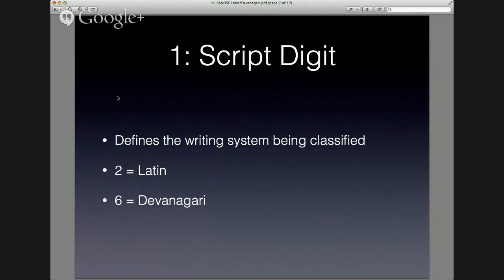Also, all PANOSE digits kind of start with 2. There is a meaning to 0, and there is a meaning to a digit 1. 0 means that for some reason this digit just doesn't apply to this font, so you can have an NA, as it were, a not applicable. And 1 was added for multiple masters, which is basically to say any is what the definition of 1 is.